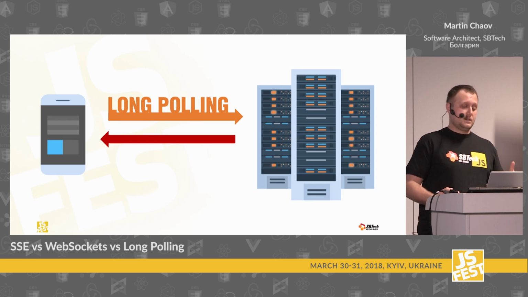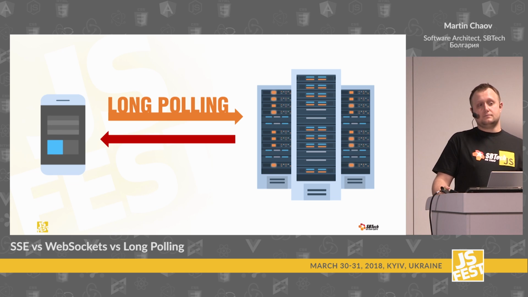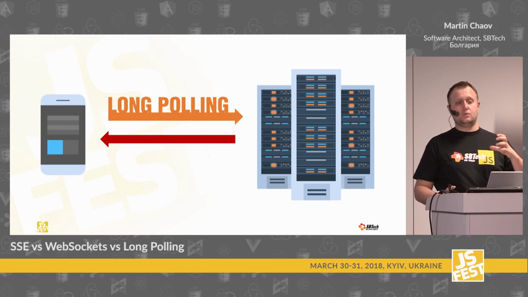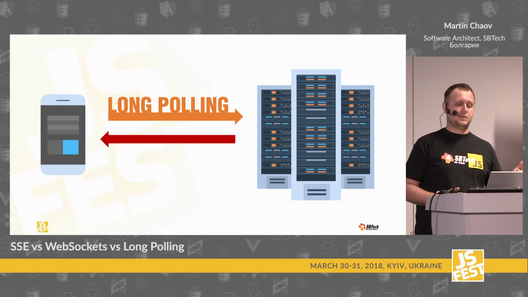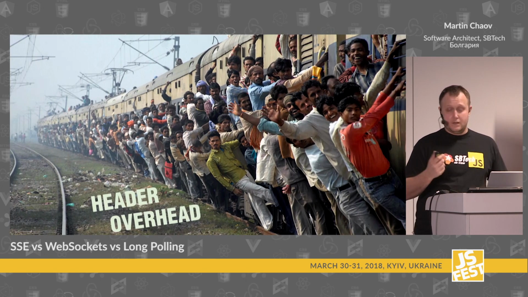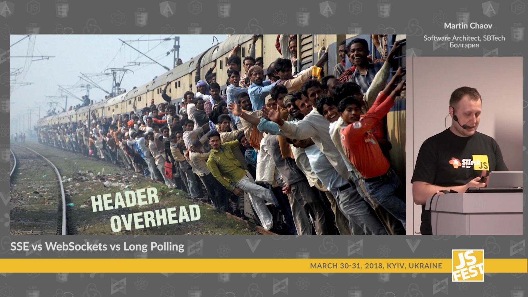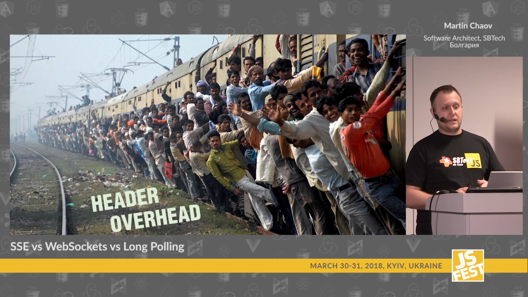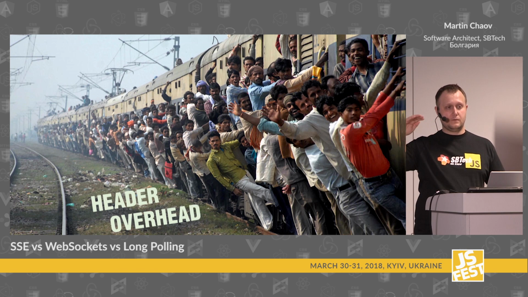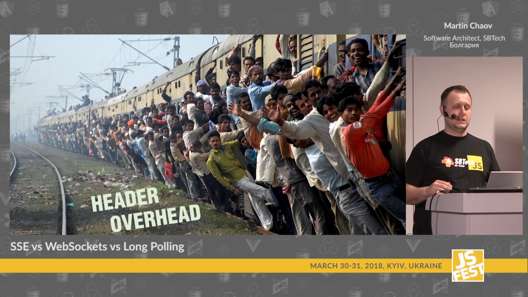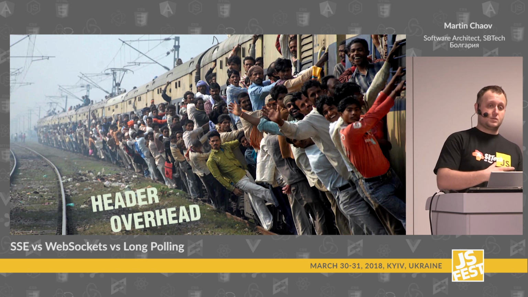And what I'm going to cover is the big reasons why we are not using long polling, for example. So one of them is header overhead. In short, what happens is that every time you do a long polling request, it's a full request. So you're sending your full set of headers, full set of authentication if needed, and so on. And you're getting a full response.